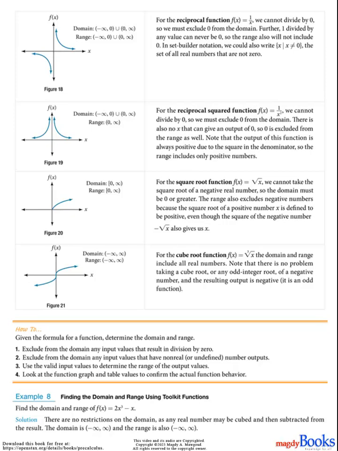There is also no x that can give an output of 0, so 0 is excluded from the range as well. Note that the output of this function is always positive due to the square in the denominator, so the range includes only positive numbers.